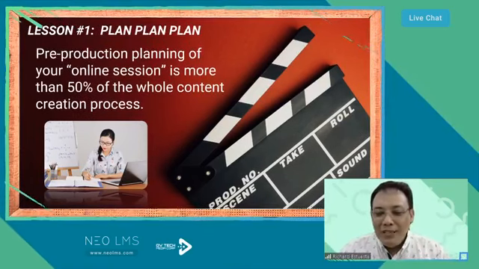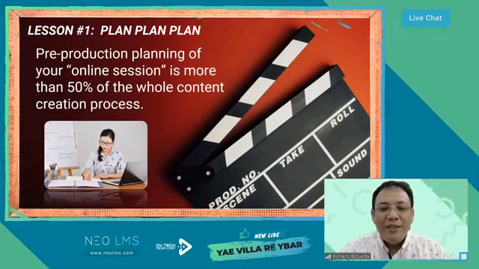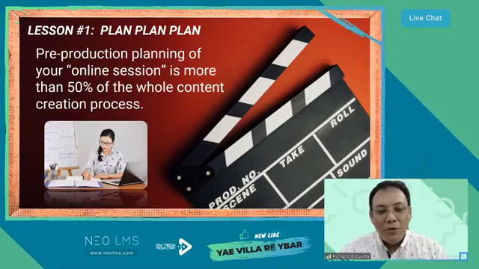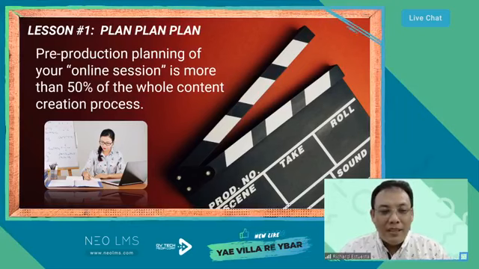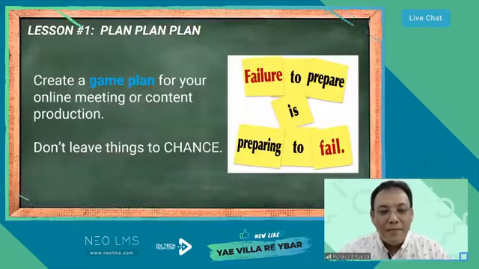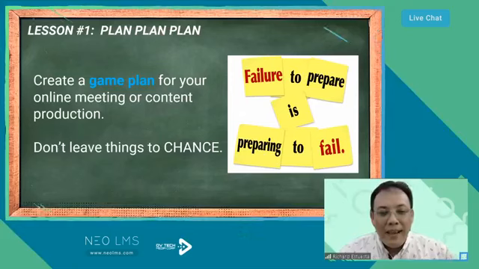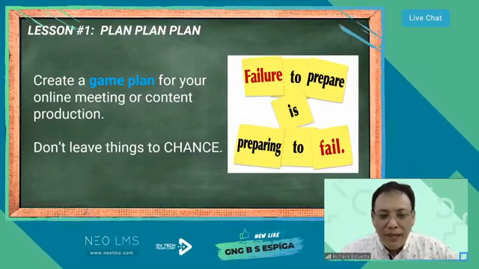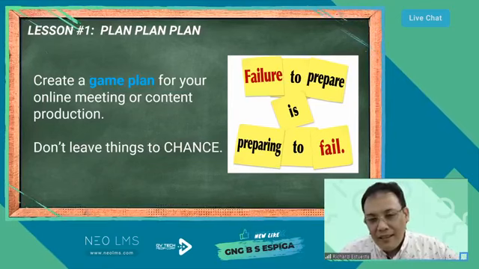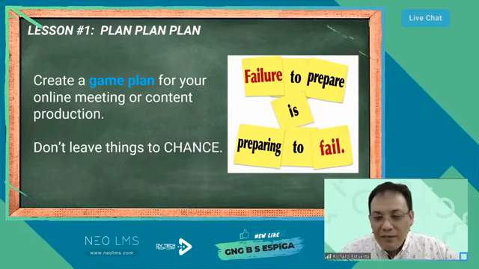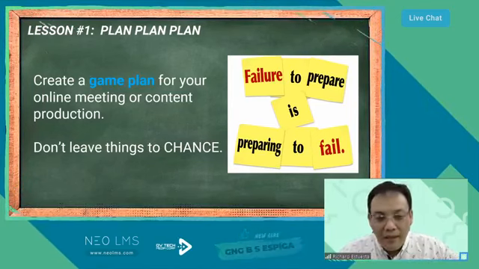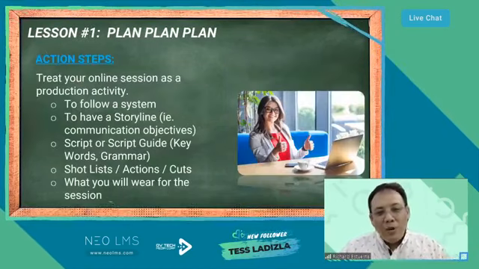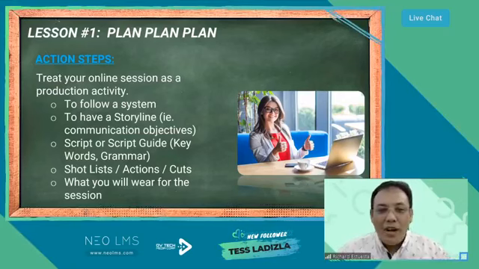By doing this, you're preparing yourself to be able to do it well, to be able to make it efficiently and effectively. You have to create a game plan for your online meeting or online production, and don't leave things to chance. Failure to prepare is really preparing to fail. So that is something that we have to put in our minds. So here are some action steps with regards to this lesson.